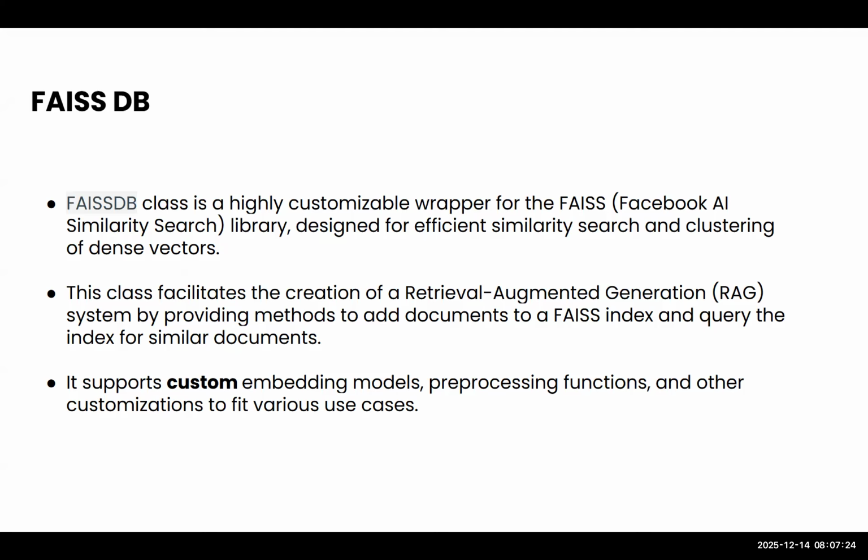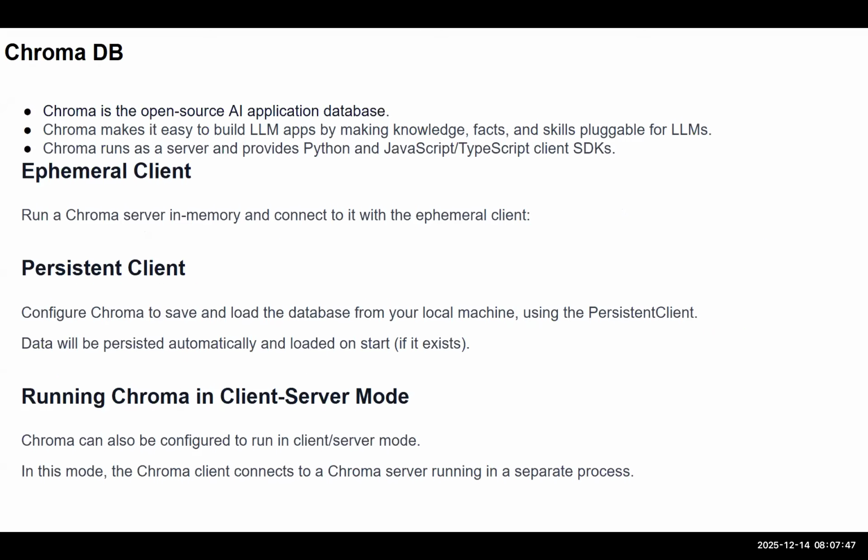So it has this similarity search, FAISS, and then they wrote a wrapper around that to make it FAISS DB, Facebook AI Similarity Search. We can use this for RAG to add documents to the FAISS index and query the index for similar documents. It supports custom embedding models, pre-processing functions, and other customizations.